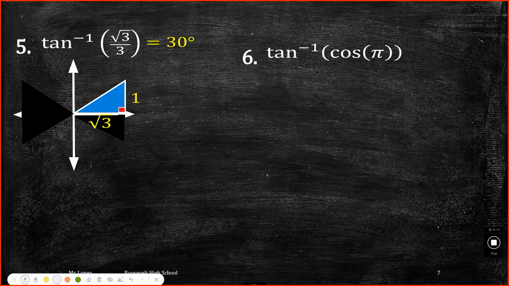So, what's cosine of pi? Cosine of pi is -1. So tangent inverse of -1. What's tangent inverse of -1?